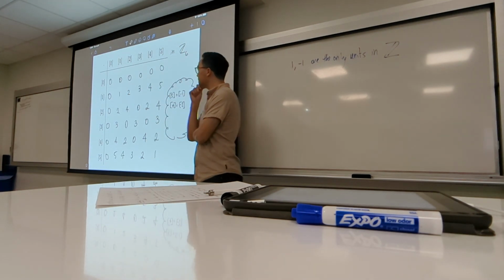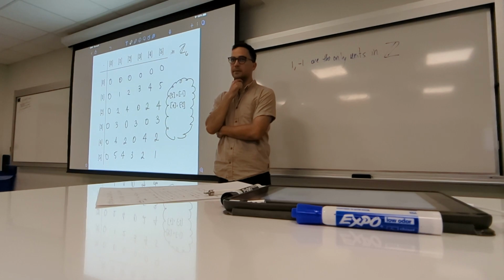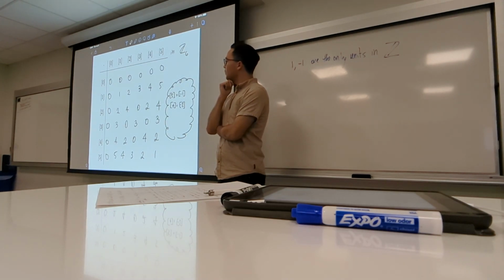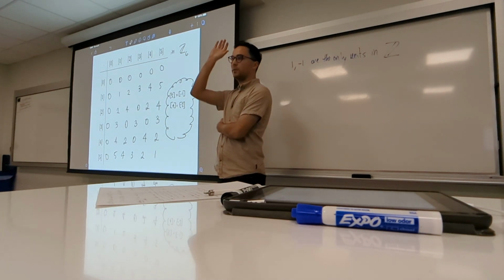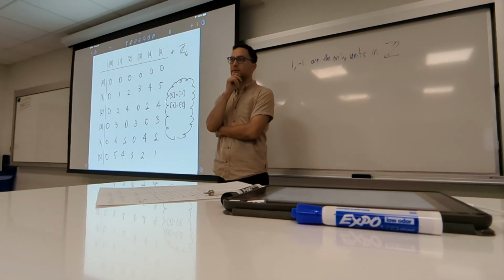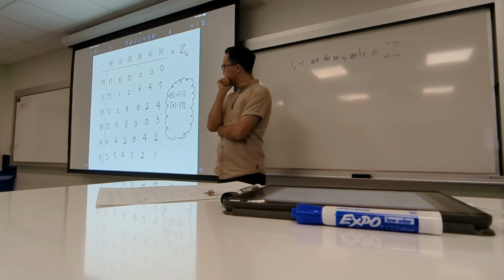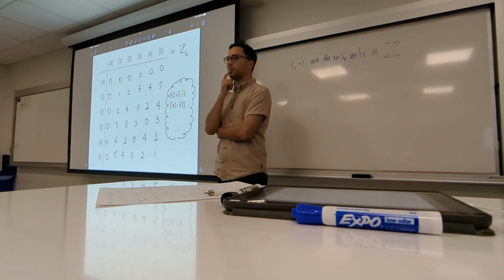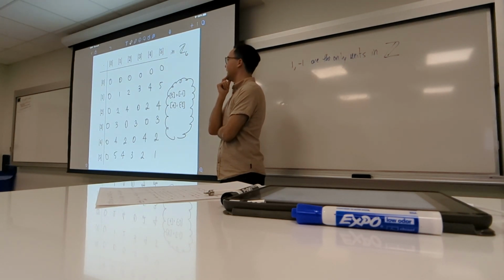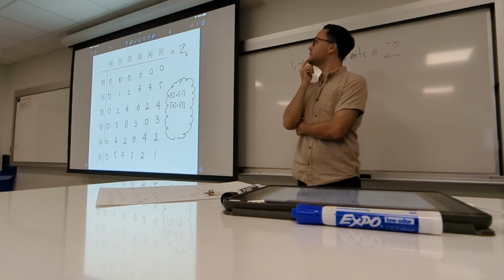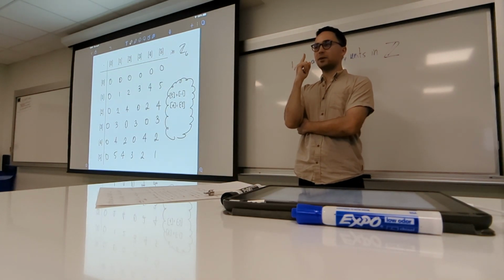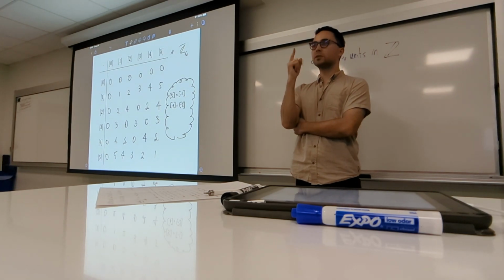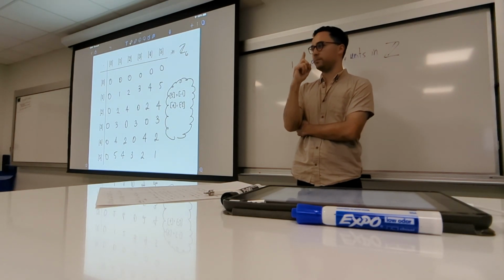What are our units going to be in Z mod 6? Anyone want to think something's a unit? What numbers are units? I'll help recall the definition again. A unit is an element we can multiply something else by and get 1 back.